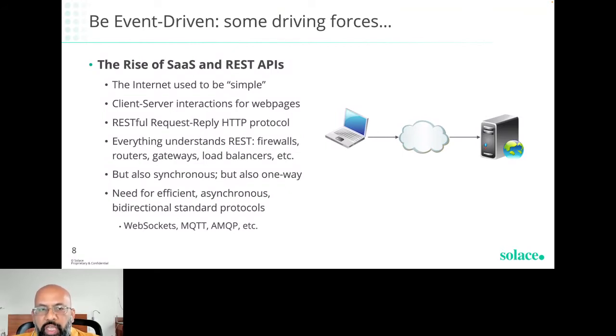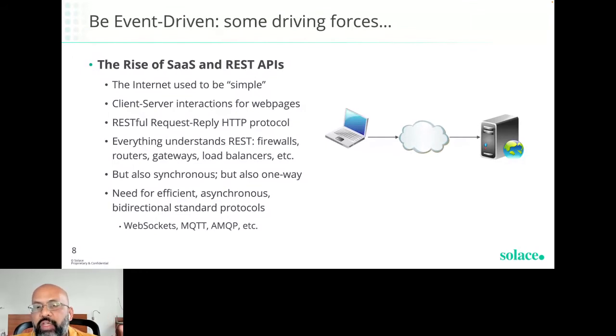This gave rise to a need for advanced modes of communication. The reason is that in typical RESTful client server, you had synchronous as the basis, and it was always one-way communication. With more complex and critical applications going onto the internet, the need for efficient, asynchronous, and bidirectional communication became a must-have. That gave rise to a new set of open protocols: WebSockets, MQTT, AMQP, and so on.